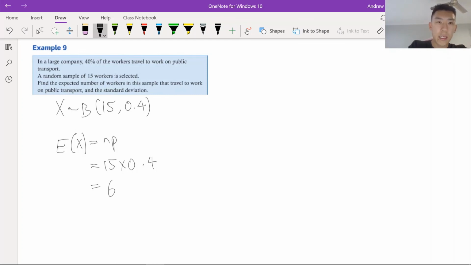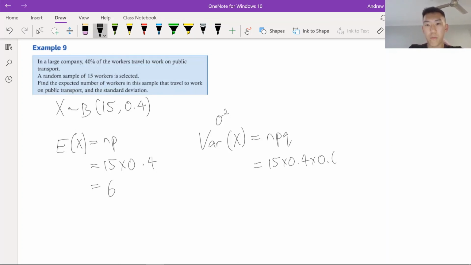Now, it wants the standard deviation. Remember, that's just the square root of the variance, so we actually need to find the variance first. You can either write Var(X), or you can write sigma squared. Either way. That's npq, which is 15 times 0.4, and if p is 0.4, q is 0.6.